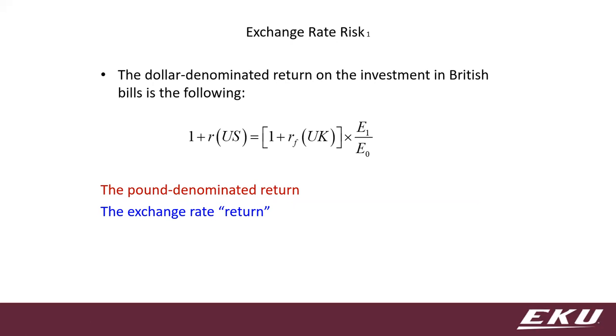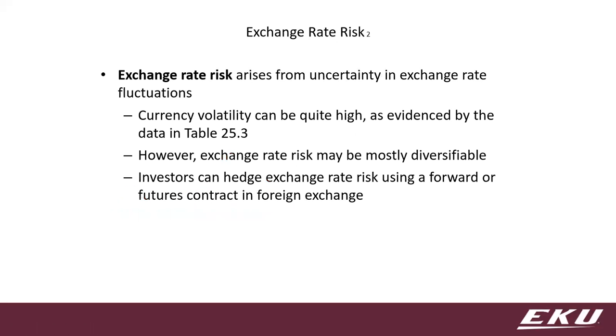First, let me show you the formula that we're going to use. In the book, there's Table 25.3, which shows how some currencies can get extremely volatile. But we just went over forwards, and that was one of the big reasons for having forwards: so that you can diversify away a lot of this exchange rate risk.